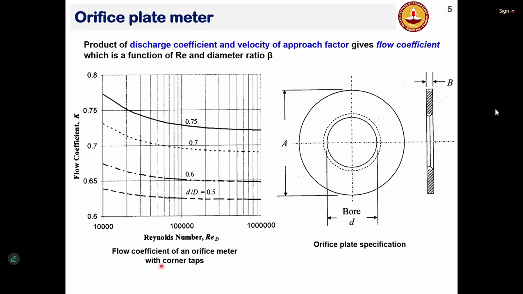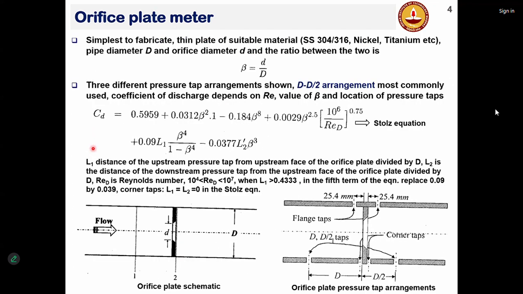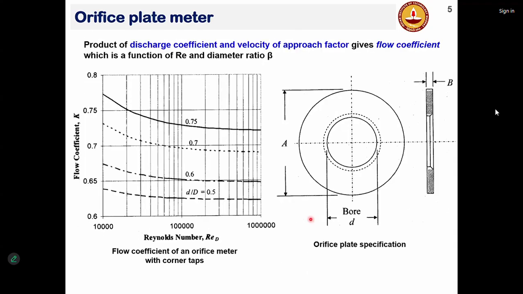Here, if you see, you have flow coefficient and Reynolds number. You can see that flow coefficient is the product of discharge coefficient into the velocity of approach factor. And M is fixed for a given orifice design, because A1 over A2 will be fixed. So M will be fixed. Now, this flow coefficient is basically representing the effect of CD, the coefficient of discharge, with Reynolds number.